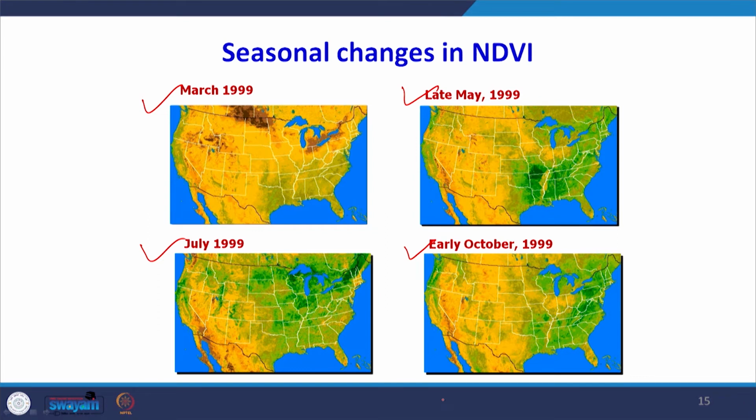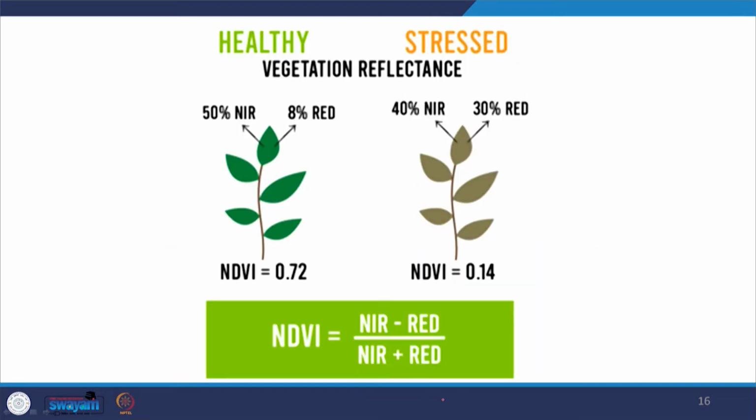March has the maximum kind of yellow color, which indicates the vegetation cover is quite low in the month of March in this season. From this kind of change analysis, one can correlate the change with the drought condition, and with the temperature difference in the area.